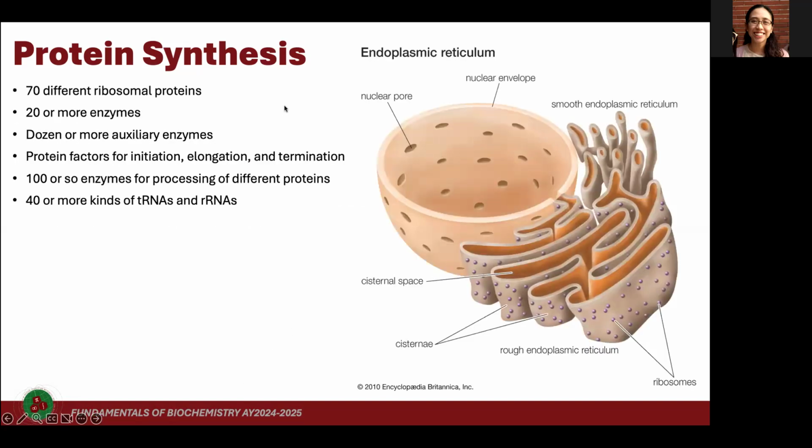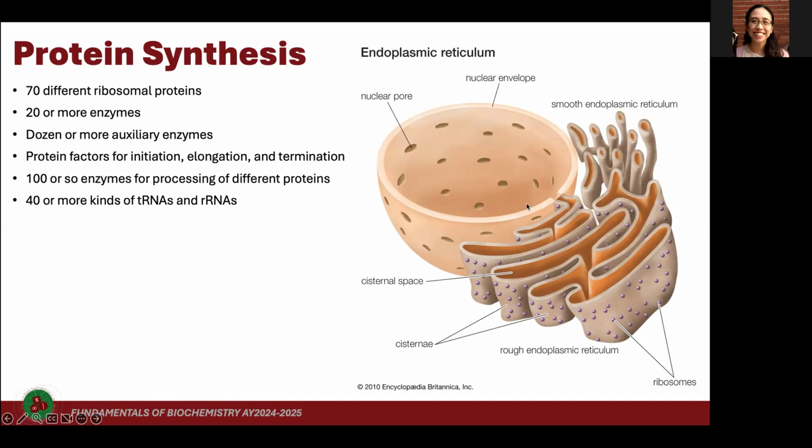So the endoplasmic reticulum, or the rough endoplasmic reticulum to be more specific, is actually sort of connected to your nuclear membrane. So this is in the context of eukaryotes. So eukaryotic transcription takes place inside the nucleus because that's where you have your DNA.